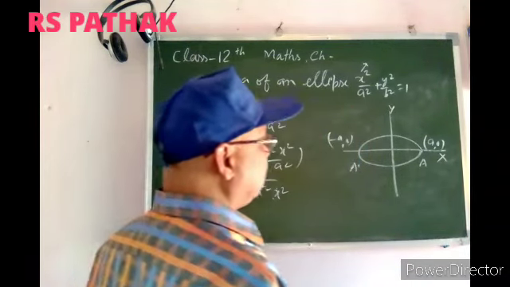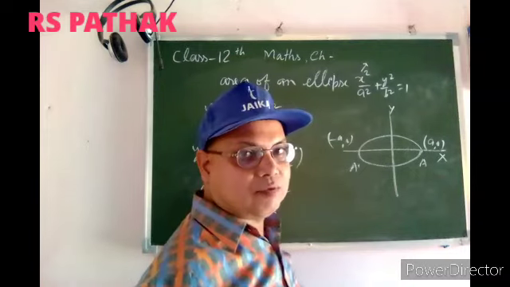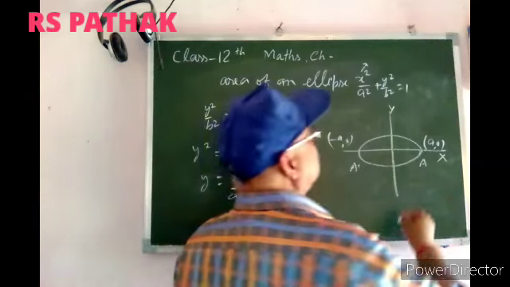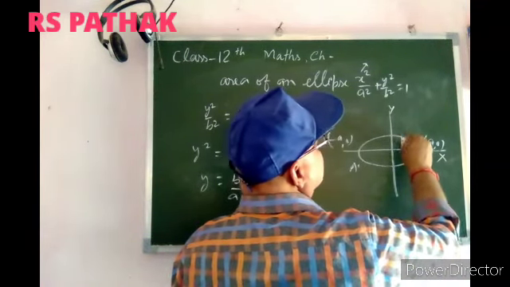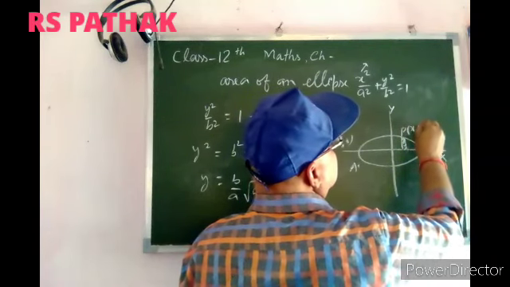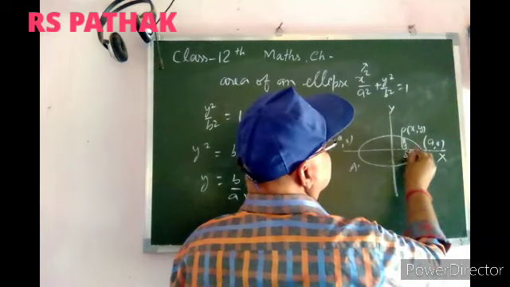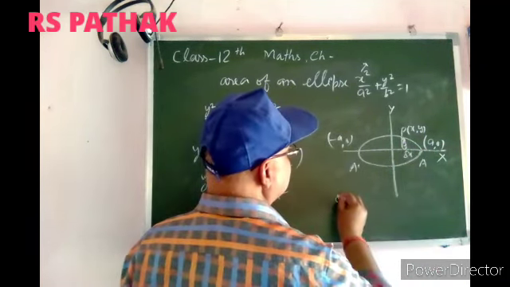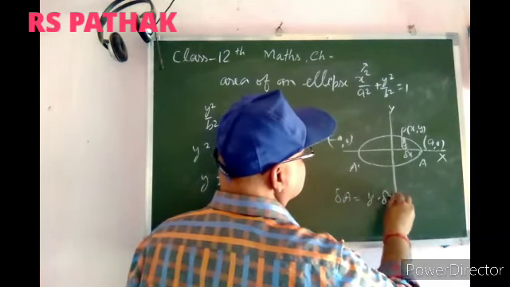Now we are going to find the area. For finding the area, what procedure should be followed? Let us suppose this is a strip at point P, (x, y). The thickness is delta x. Then the area of the strip will be delta A equal to y into delta x.